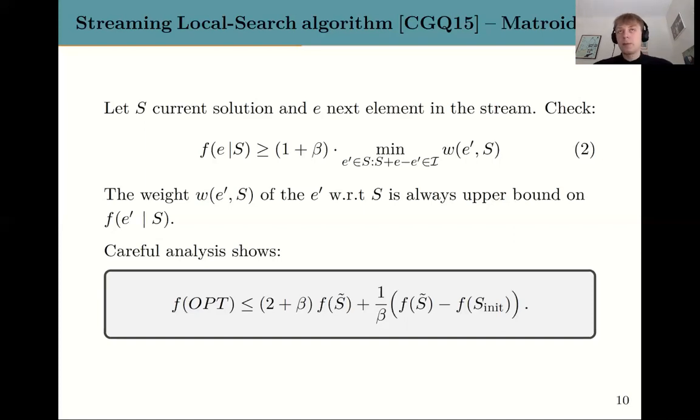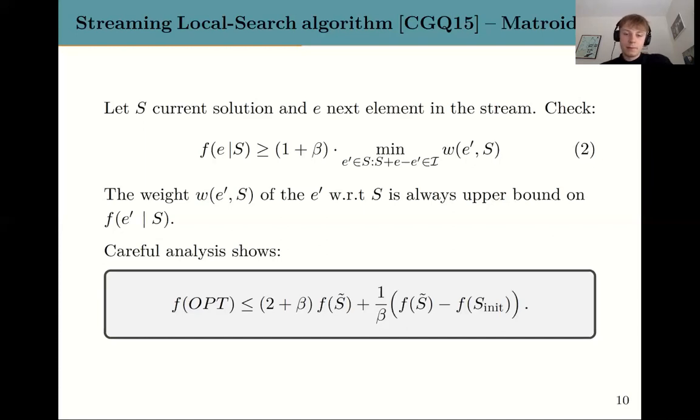First of all, a careful analysis of their algorithm shows the following bound: f of OPT is less than 2 plus beta times f of S tilde, where S tilde is our final solution, plus 1 over beta times f of S tilde minus f of S init, where S init is the solution that we started with.